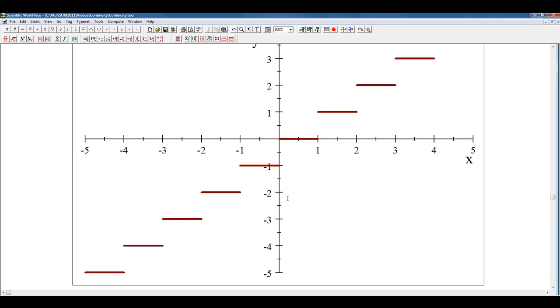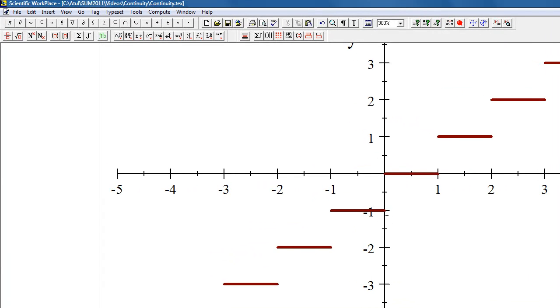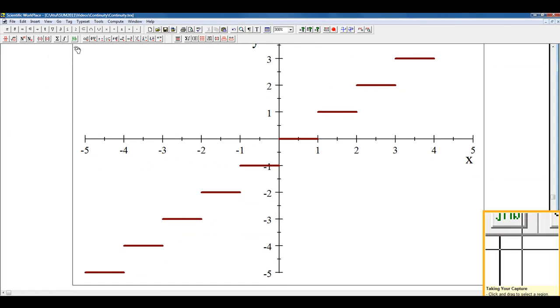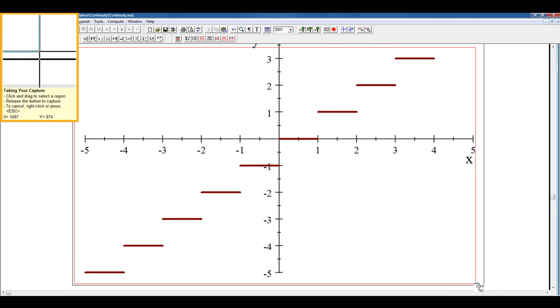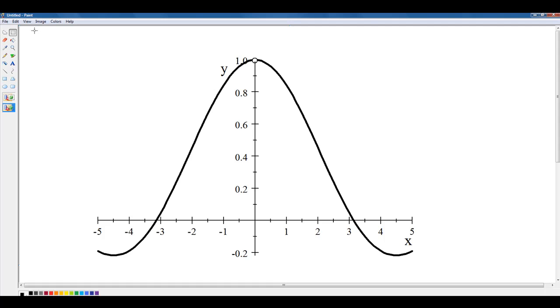Now it's much better. And of course, to stress that it is discontinuous from the left here, we can put a hole over here. We can use again our paint and brush feature to just stress the true nature of this function.